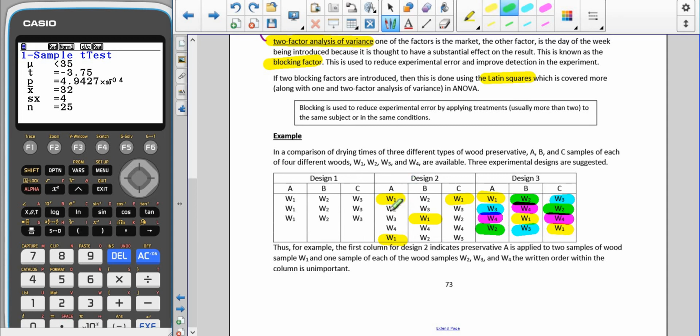For wood 2, that's having treatment A applied once, B applied twice, and C applied once. Wood 3 has A applied once and B applied once, but C applied twice. And for wood 4, it just has each of the treatments being applied once.